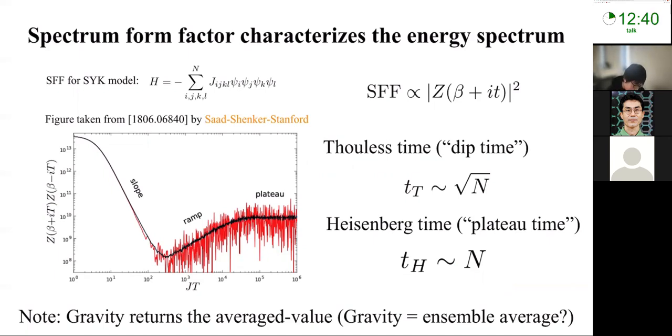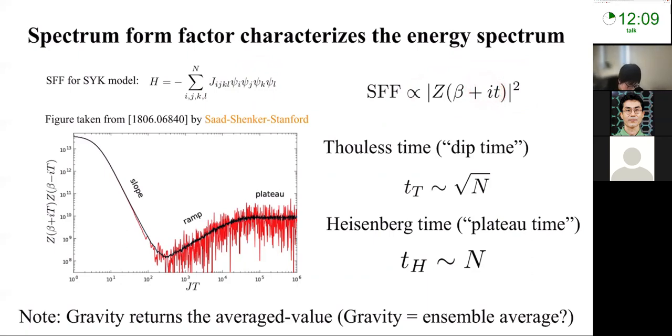Here I'm writing a specific example for the SYK model. I have some Majorana fermions with random couplings following a Gaussian distribution. In this case, the spectral form factor is roughly proportional to the amplitude of the analytically continued partition function at complex temperature, where the imaginary part corresponds to the time direction.